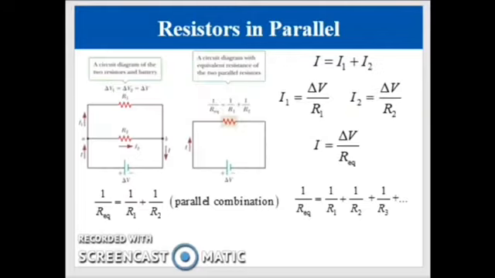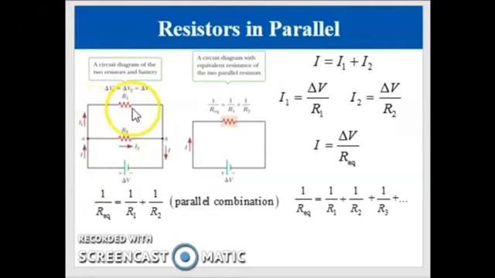Now let's consider two resistors connected in parallel, as in the figure here. In this case, the potential differences across the resistors are the same because each is connected directly across the battery terminal. The currents are generally not the same. When charges reach point A here, this is called a junction, the current splits into two parts, I1 and I2.